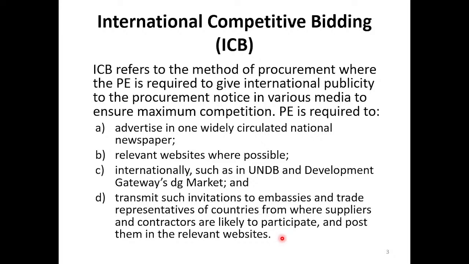Not all countries, but in our context, some countries are interested in making bids and contracts: India, China, Bangladesh, and Dubai. Those kinds of countries are more interested in participating in the contract. Here we can find the website. This is the most popular method.